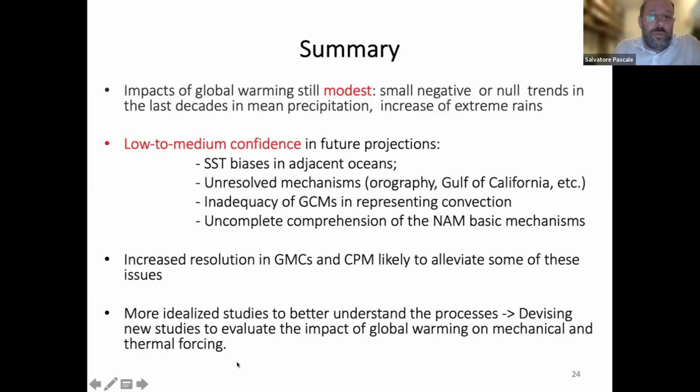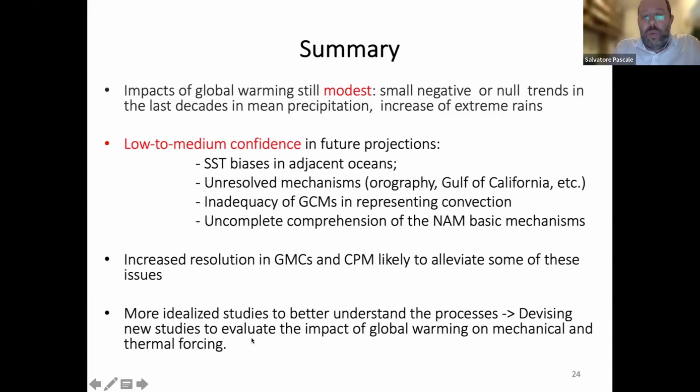So for the future, we may think that since GCMs have a resolution which is increasing in the course of time. Typical resolutions nowadays are higher than they used to be 10 years ago and 20 years ago. So we may imagine that going for models and GCMs at even higher resolution may alleviate and heal some of these issues.